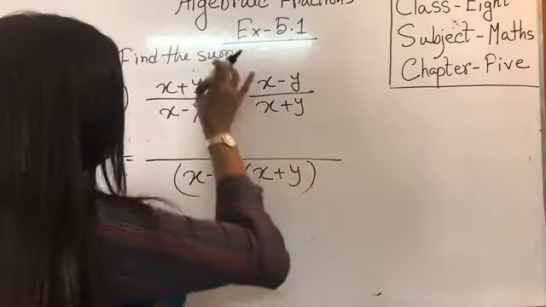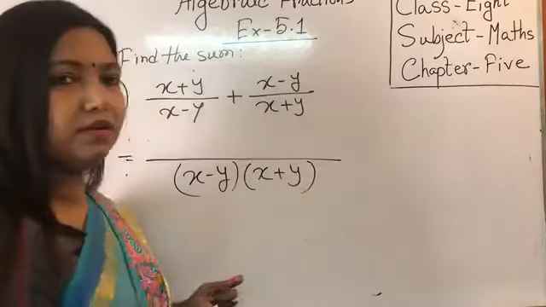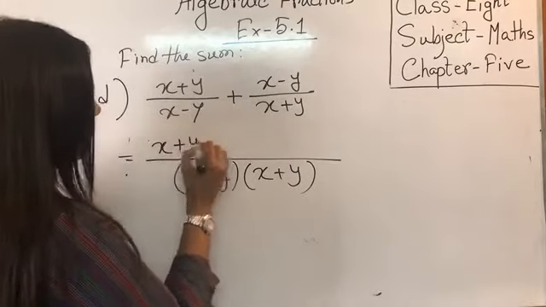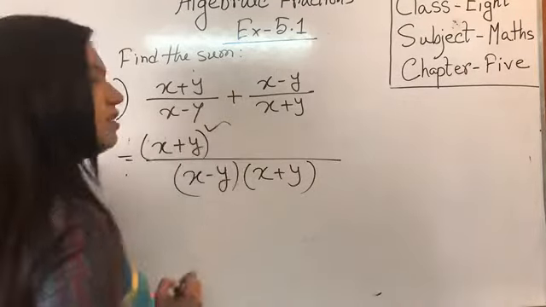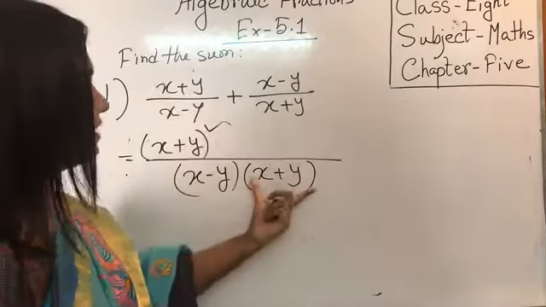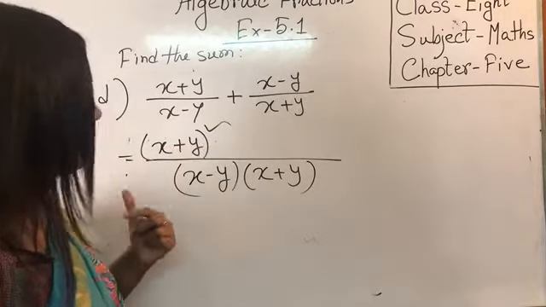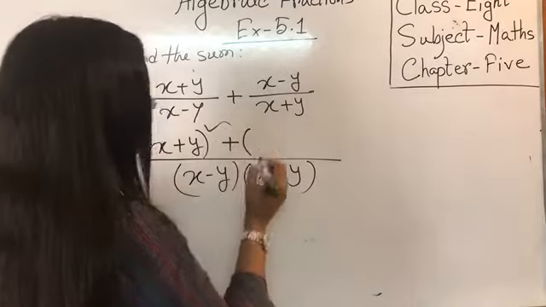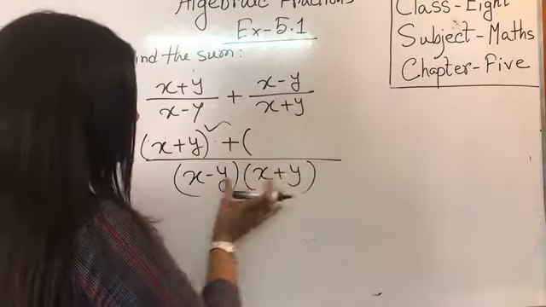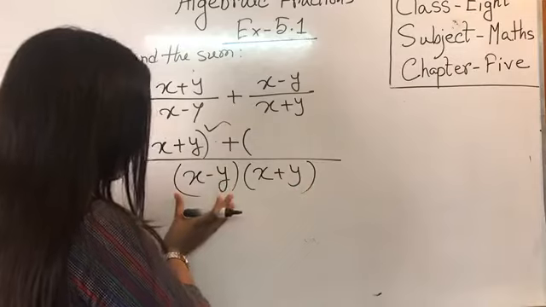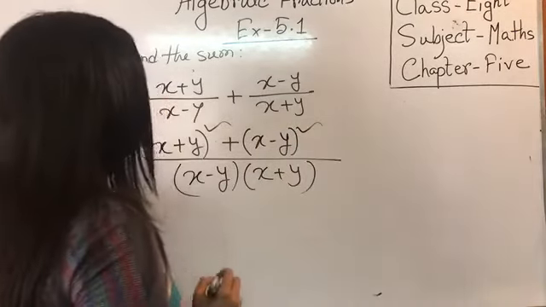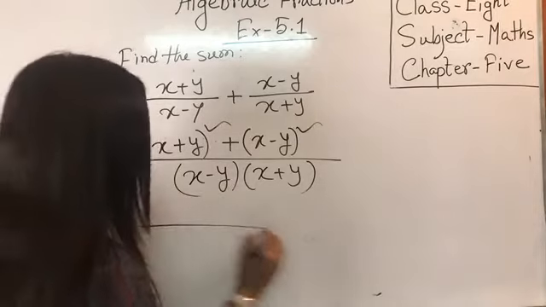On the other part, x plus y and x plus y, we have to multiply these, so that means x plus y whole square. Then plus, in the same process, x minus y and x minus y in the numerator.